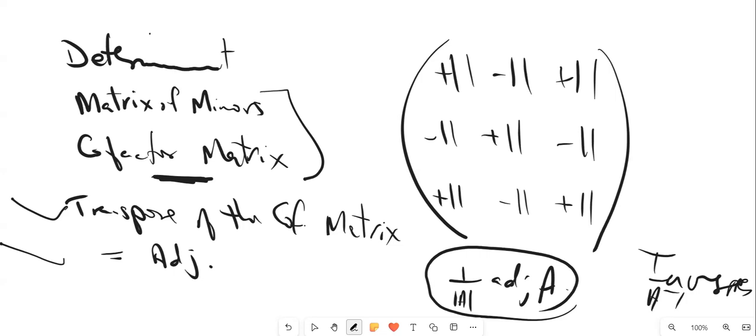I also, in the notes as well as in the video, showed you a number of properties, and you must know those properties because it can be very tricky. If you don't understand the properties, and there are exceptions to some of them, like when we talk about matrix multiplication, it's generally not commutative, right?